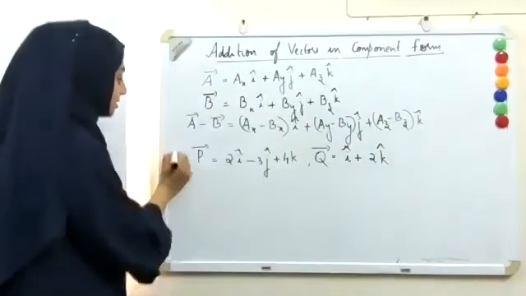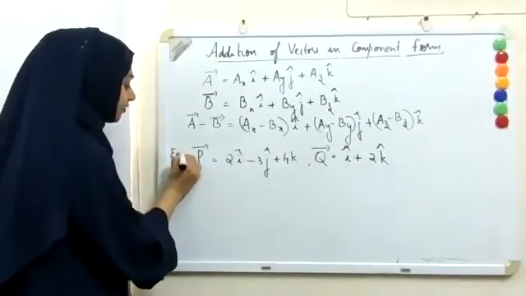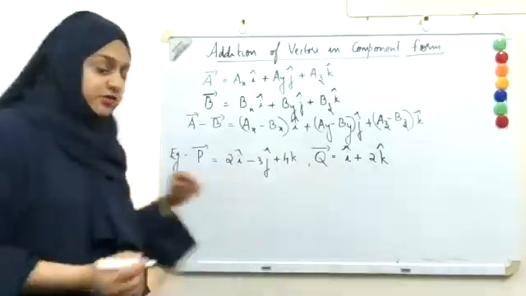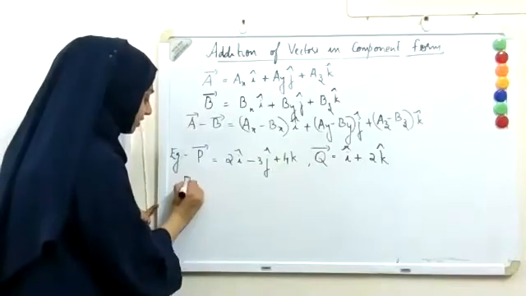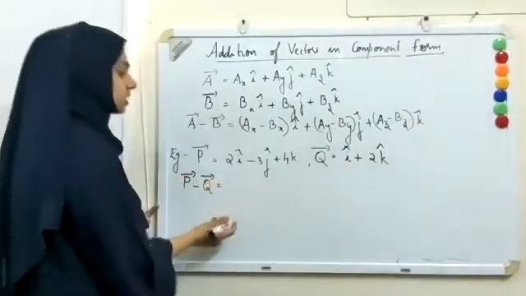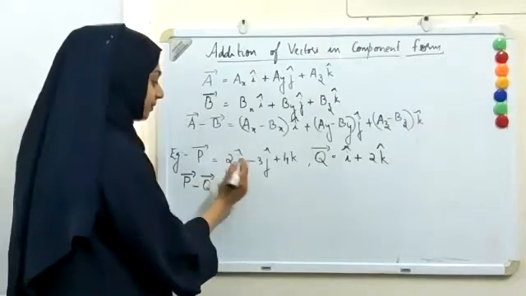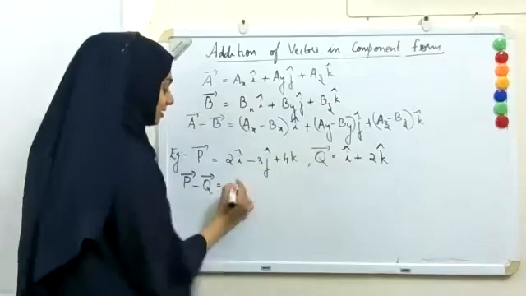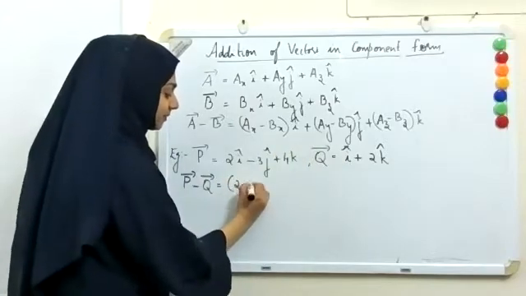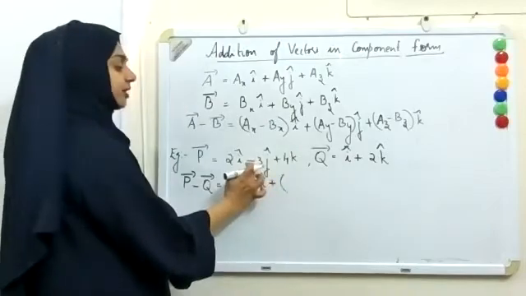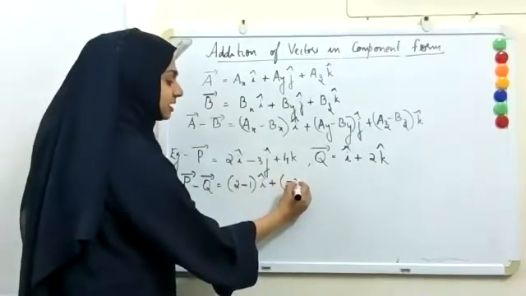So let us take the example here. If you have these two vectors, vector p and vector q, if you are trying to find the difference, vector p minus vector q, this is equal to, you can tell me, how? 2 minus 1. So you can tell me. Here it is minus 3.